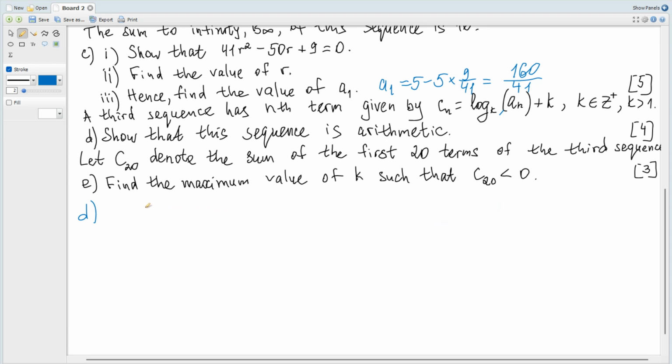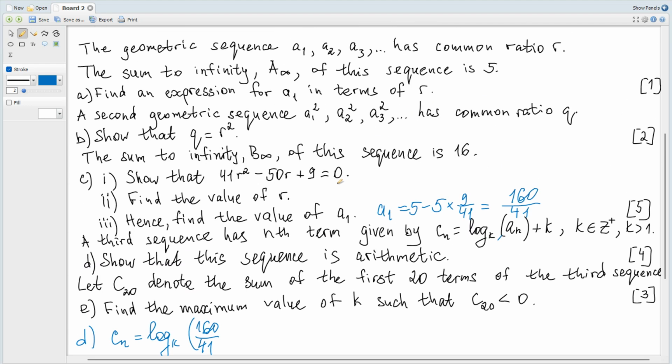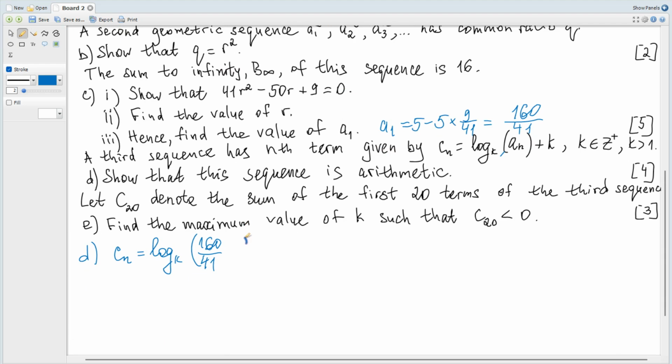So we can rewrite it as Cn is log to the base k of 160 over 41 multiplied by r, and r is 9 over 41, to the power of n minus 1, plus k.